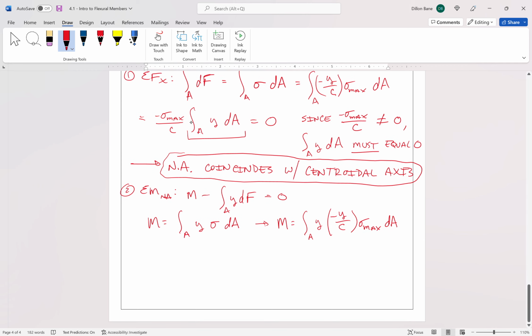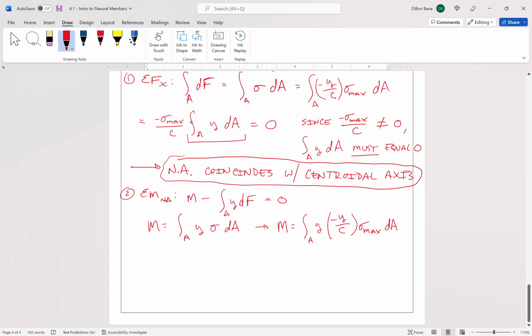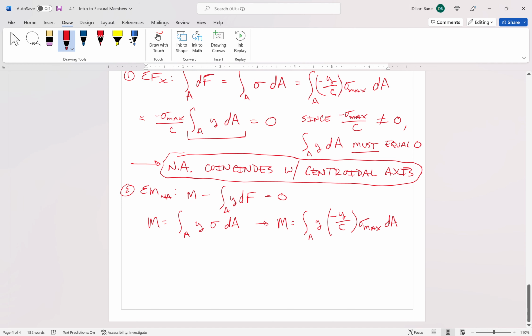And again, pulling the constants out of our integral, we have moment equals negative sigma max over c times the integral over A of y squared dA. All right, so we're left with this equation right here.